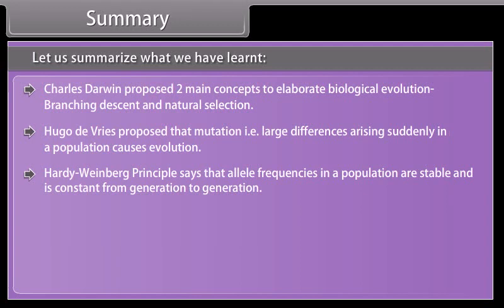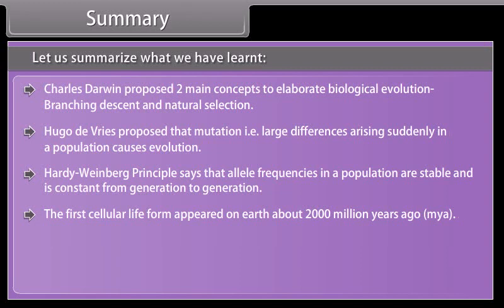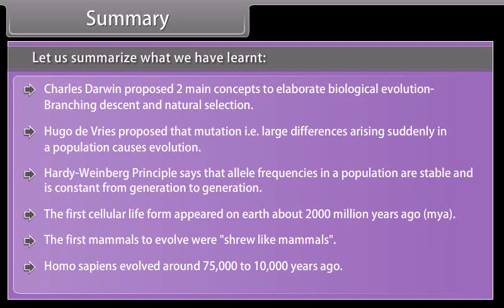Hardy-Weinberg principle says that allele frequencies in a population are stable and constant from generation to generation. The first cellular life form appeared on Earth about 2,000 million years ago. The first mammals to evolve were shrew-like mammals. Homo sapiens evolved around 75,000 to 10,000 years ago.